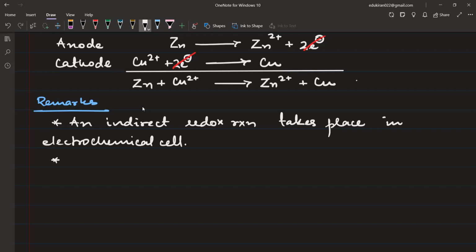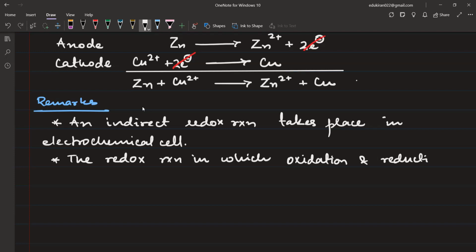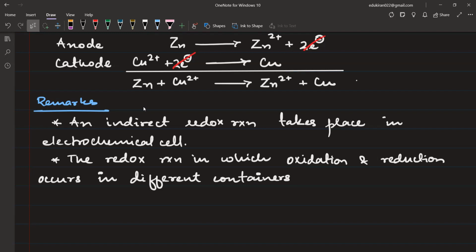You can write this also: the redox reaction in which oxidation and reduction occur in different containers is called an indirect redox reaction.